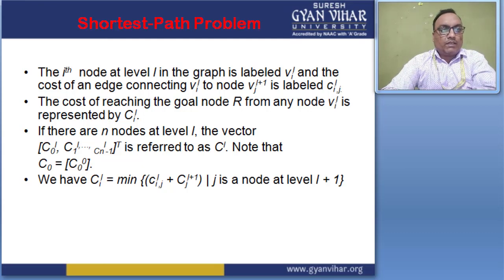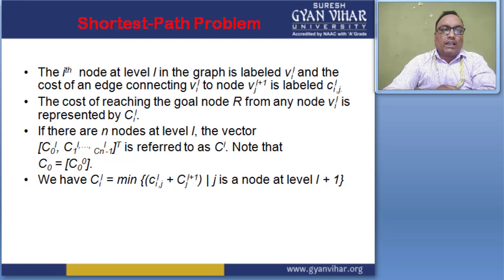In the shortest path problem, the ith node at level l in the graph is labeled Vil, and the cost of the edge connecting Vil to node Vj(l+1) is labeled C(i,j)l. The cost of reaching the goal node R from any node Vil is represented by Cil also. So these C denote the cost of the transportation, right?